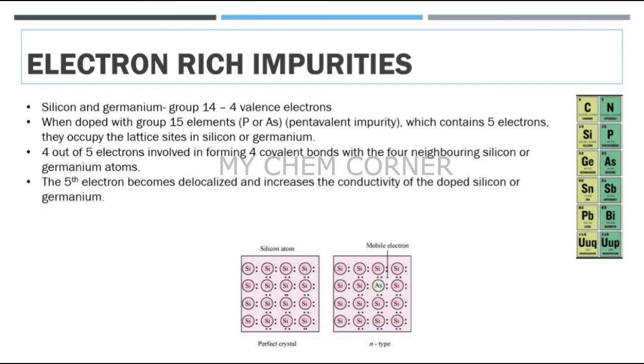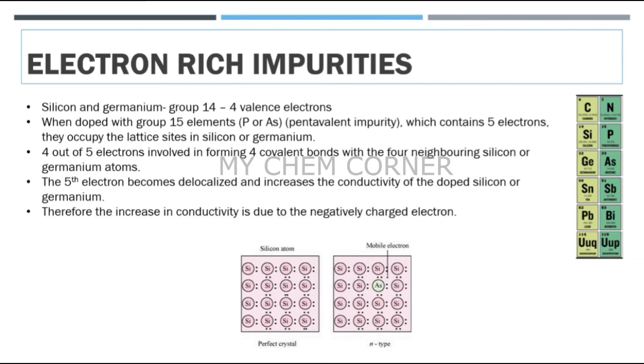Now, what happens to the 5th electron that is there in group 15? The 5th electron is going to become delocalized because it is a free electron now. It is going to move around. Now, when it moves around, it is going to conduct electricity in the electron-rich impurity type of semiconductor.